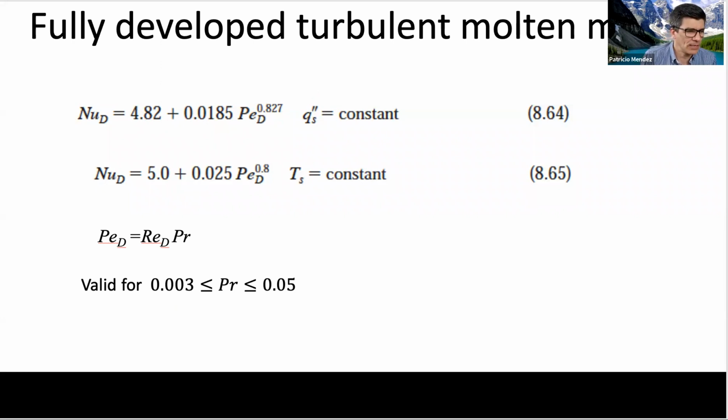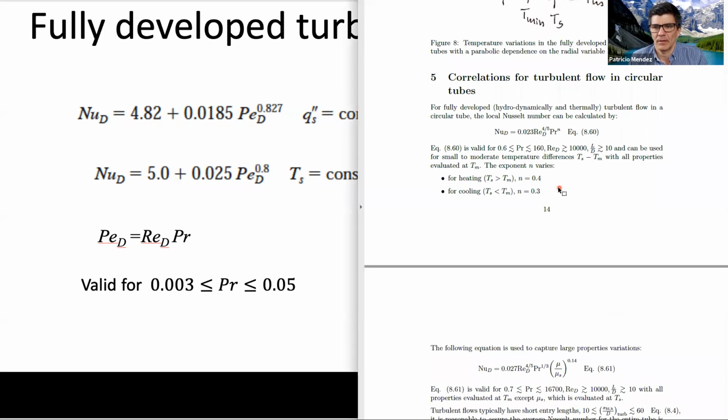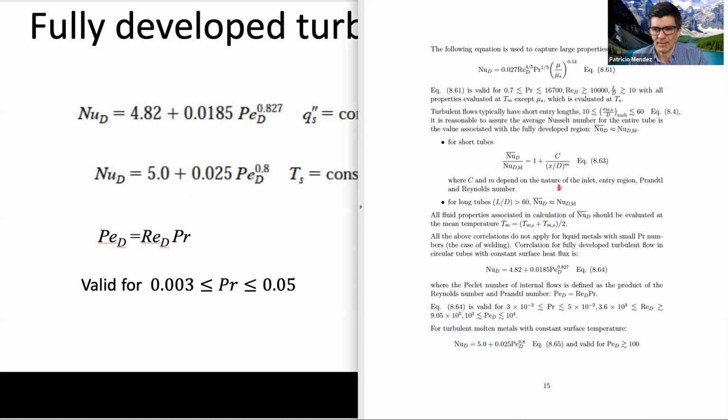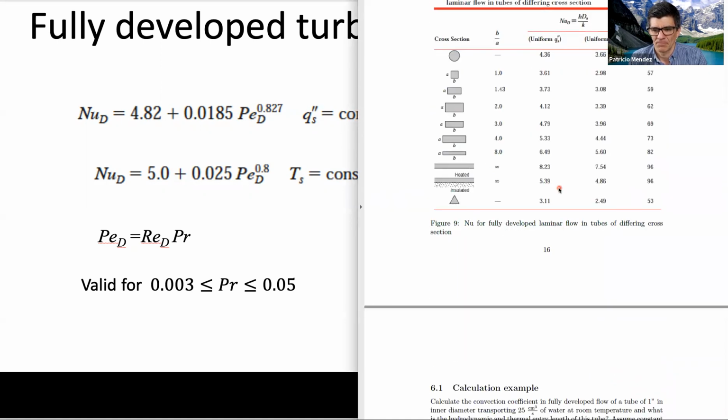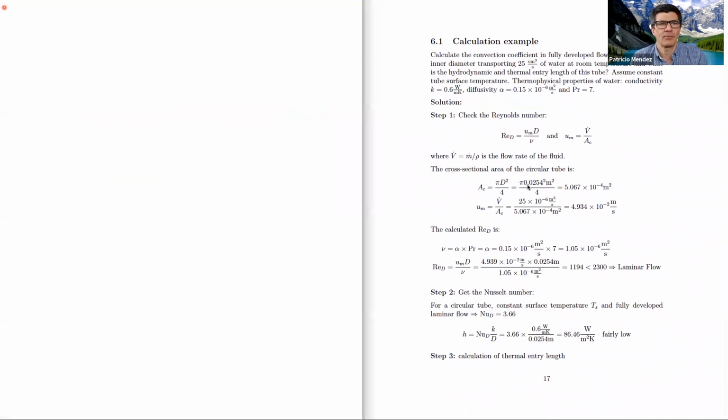convection coefficient h. So we have a few more minutes, and I'd like to start a problem to look at these things in concrete. So let's do this calculation example here.